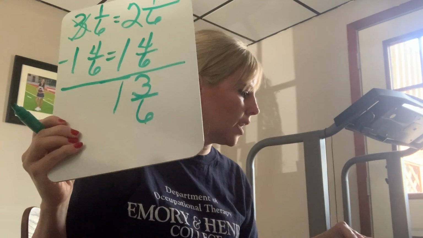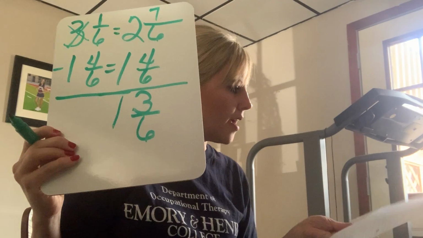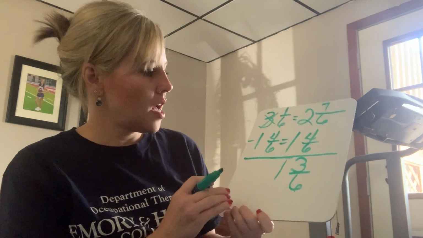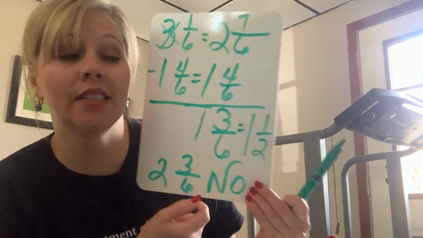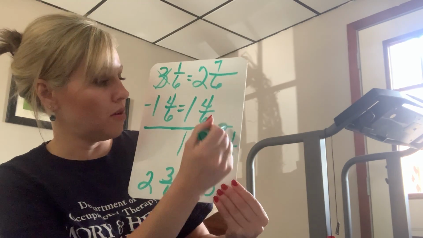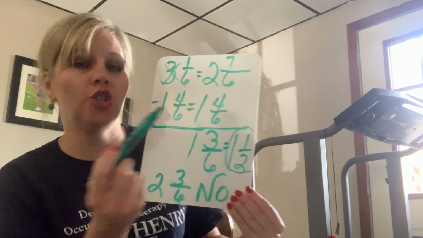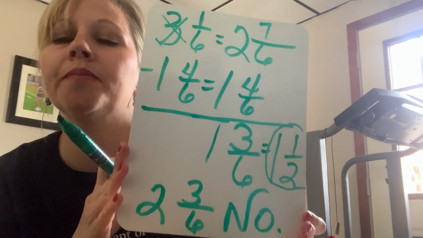Let's see. That's also the same thing as 1 1/2, right? She said she used 2 3/6. So is she right? No, she is not right, because she used 1 1/2 to make the tablecloth. That's what she used, 1 1/2 yards.